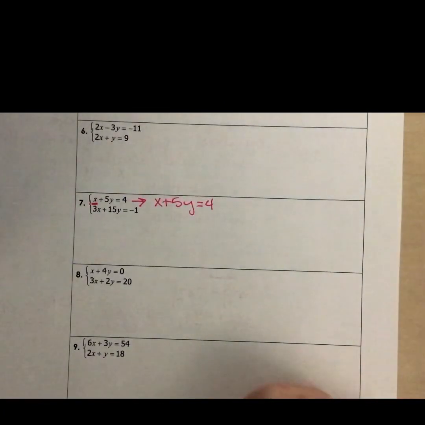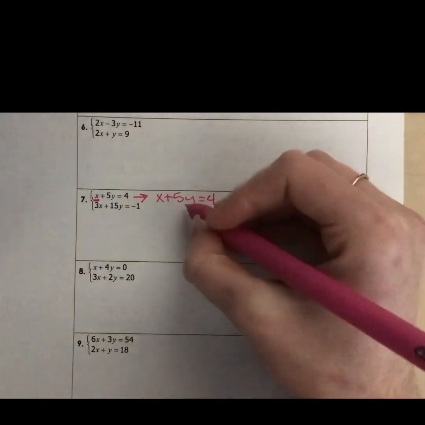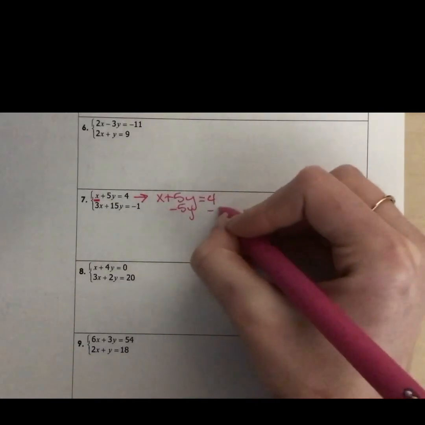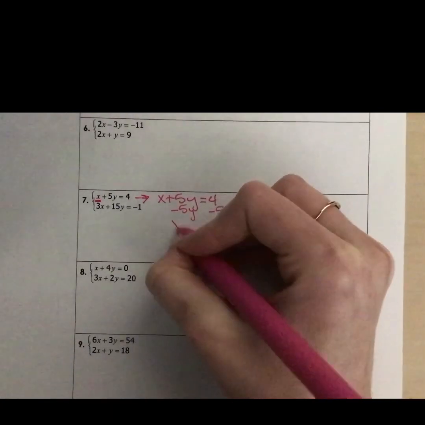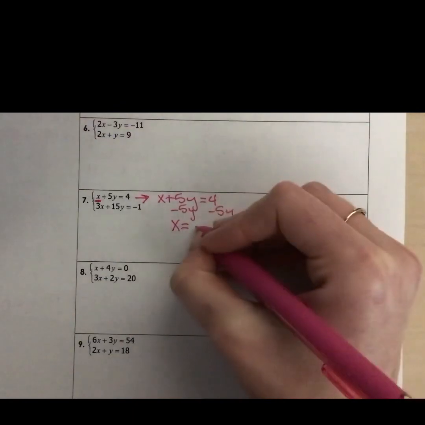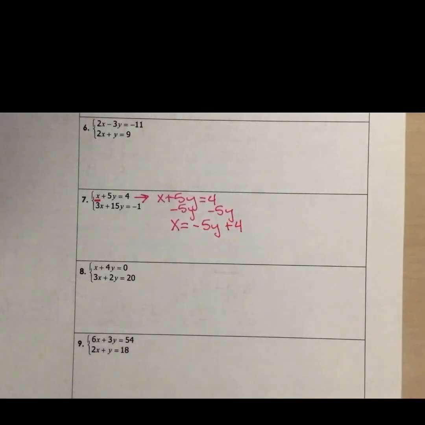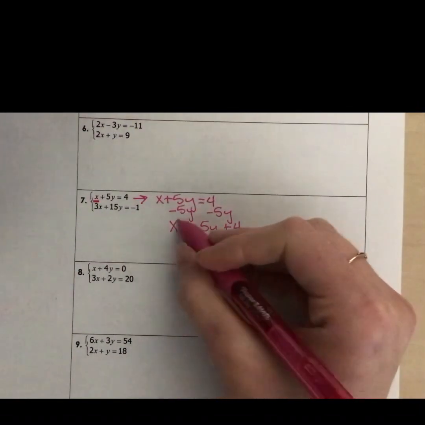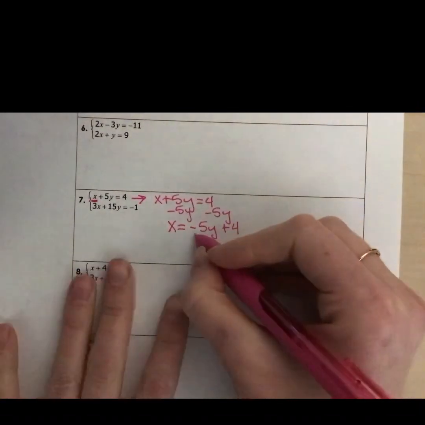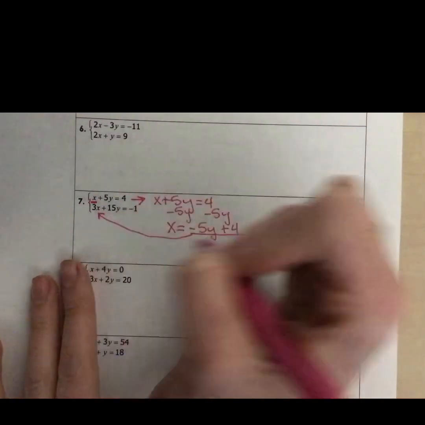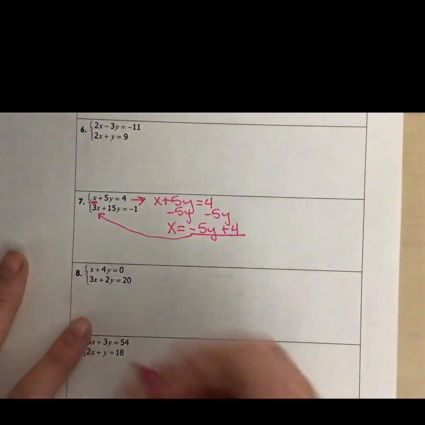Well, to get x by itself, that means I need to get this y to the other side. So I'm going to subtract 5y from both sides, and I get the expression x equals negative 5y plus 4. I've solved for one of my variables. I have x equals, so I'm going to take this expression here and plug it in for x up here. So that's the first part of step 2.